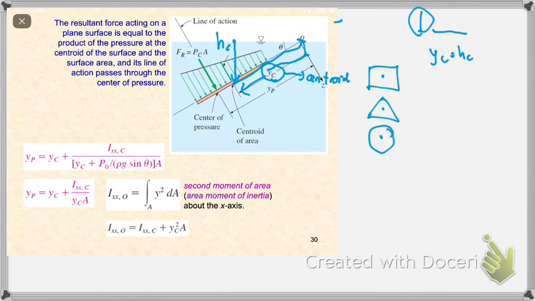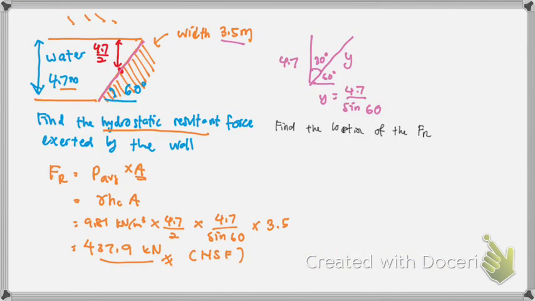Because we are looking for the location due to the hydrostatic, we ignore this one, leaving you only this part. So from there, you have your yp equal to yc plus the moment of inertia Ixc over yc A.